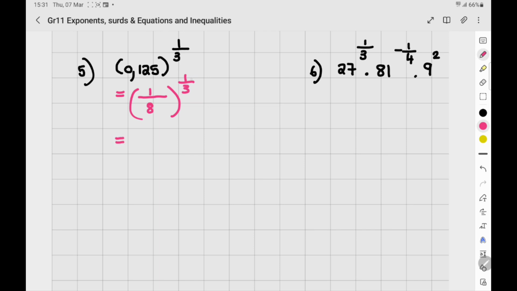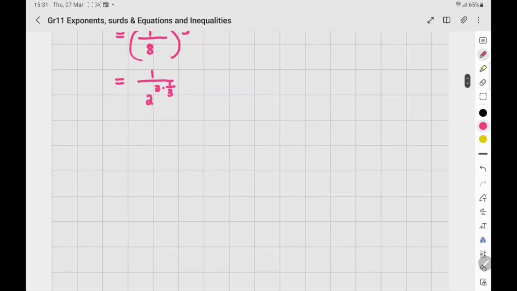And then 1 to the power anything stays 1. And that 8 I can break into 2 to the power 3. Raised further to that power, we multiply together, which gives you 1 over 2 to the power 3 times 1 divided by 3, which is 1, which gives me a half.